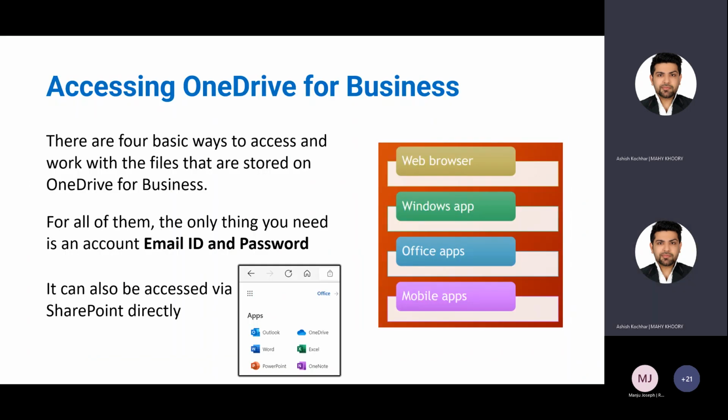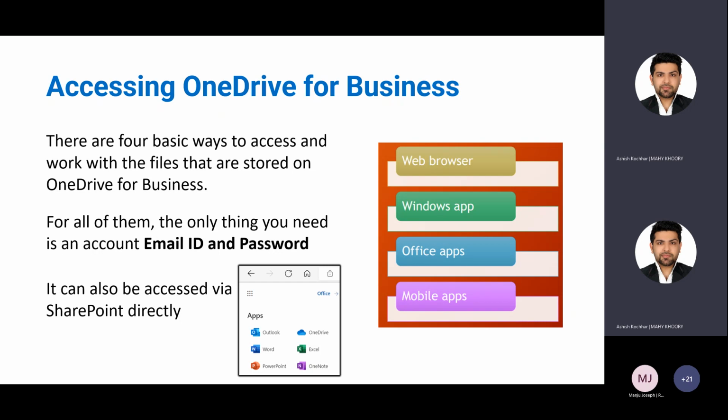Then how are you going to access OneDrive for Business? There are four basic ways with the help of which you can access your OneDrive and work with the files stored on your OneDrive for Business. On the right-hand side, you can see the four ways to log into OneDrive. The first one is a web browser.